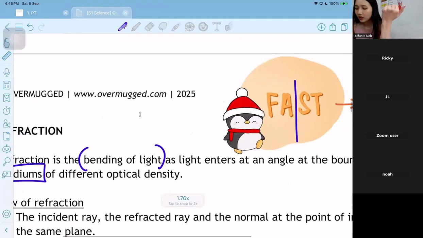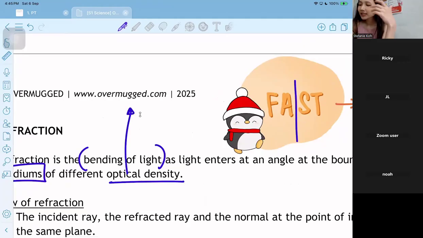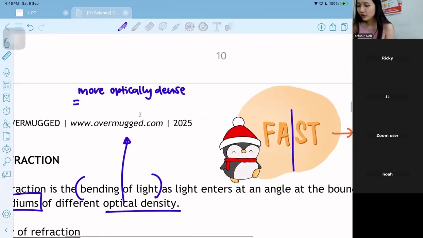When you look at optical density, if something is more optically dense, think of it, dense means it's very packed. For example, if you go to a shopping mall, it's so dense, it's so packed. Can you move very fast when it's very packed? No, right? More optically dense means you move slower.